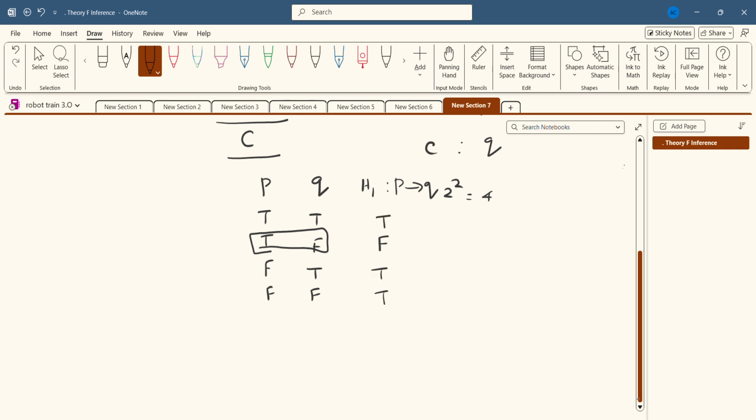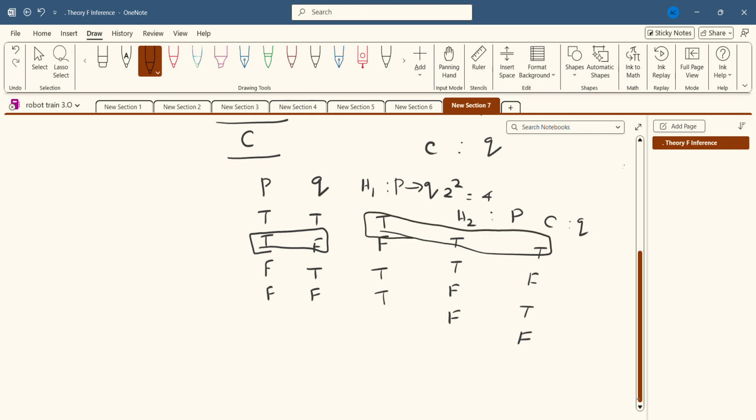Isn't it? Okay, what about your H2? Your H2 is P, so you write the same truth values here. Your conclusion is Q. So what is your Q? True, false, true, false.